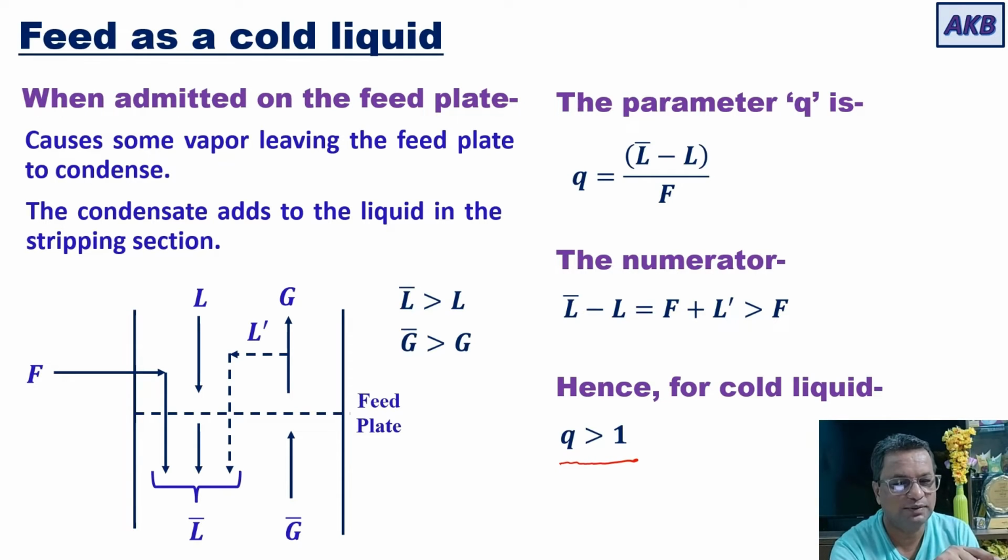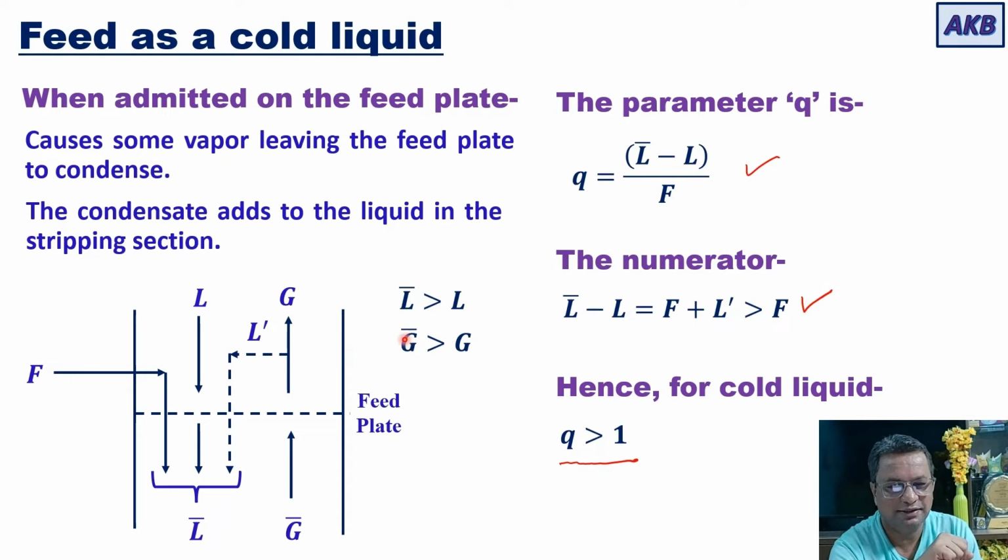Why it is greater than 1? You can just understand this in these simple steps. So you can just check the schematic diagram. It will tell you what happens when a cold liquid enters on the feed plate.